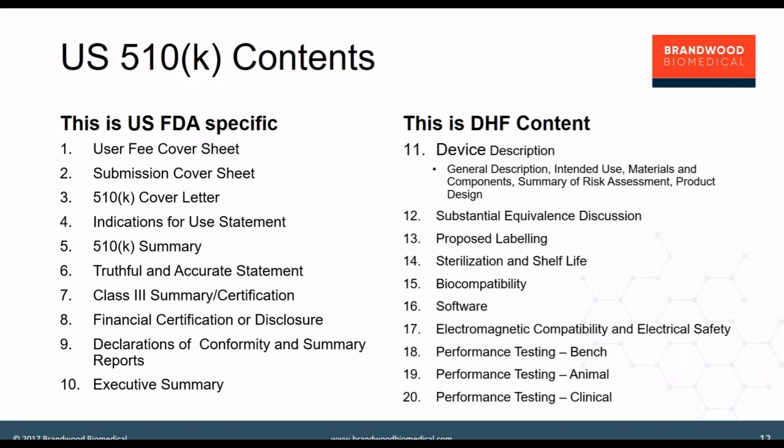Similarly for the biocompatibility information, and when your product does include some software components, the artifacts which are produced as part of the software development process should also have been developed as part of the DHF, and therefore transferred directly into the 510K application with all of the relevant supporting text to explain and essentially make sure that the information presented can be easily understood by a reviewer and the regulator.